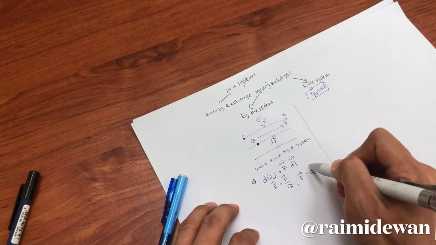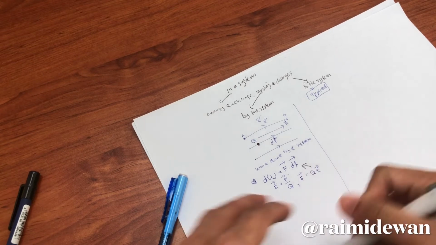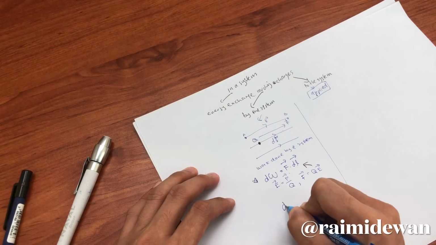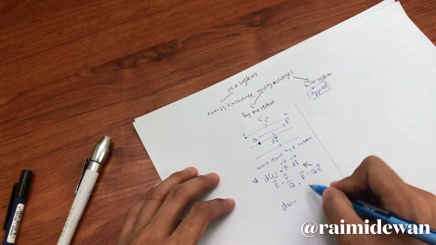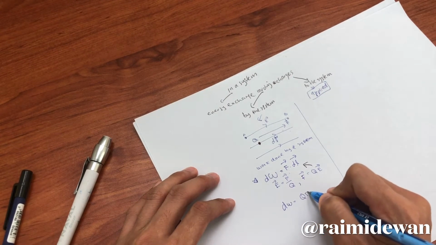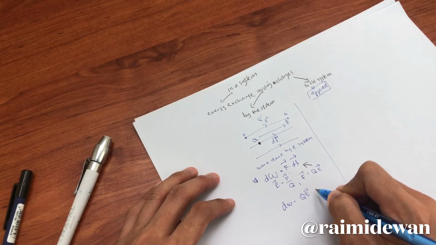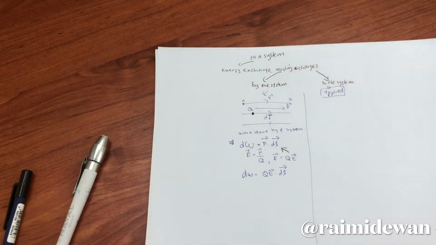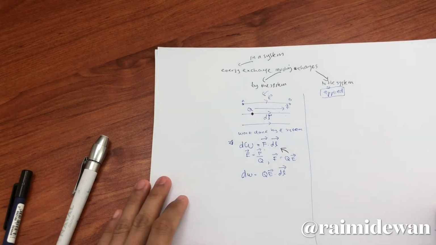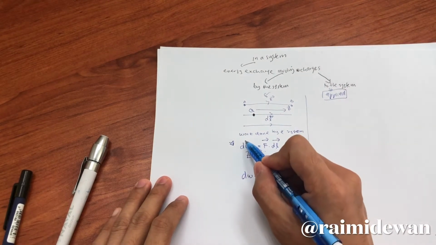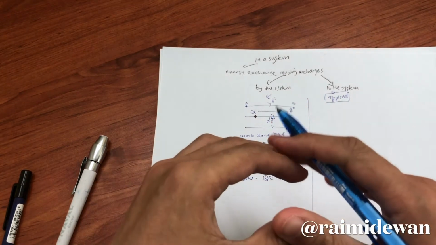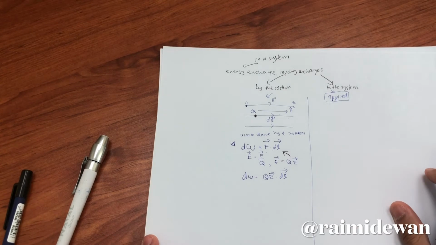Then substitute inside here: you have dW equals QE dot dl. Remember, this is just a small energy.